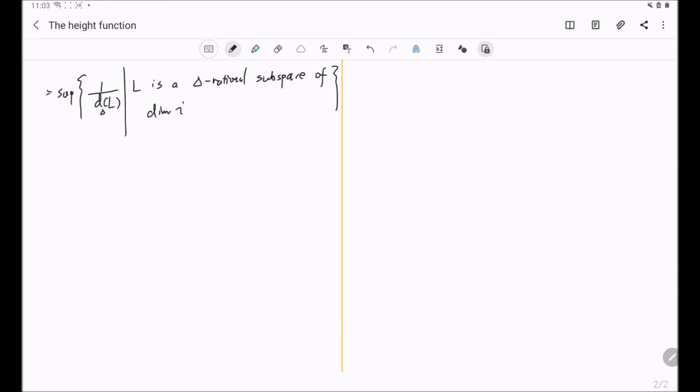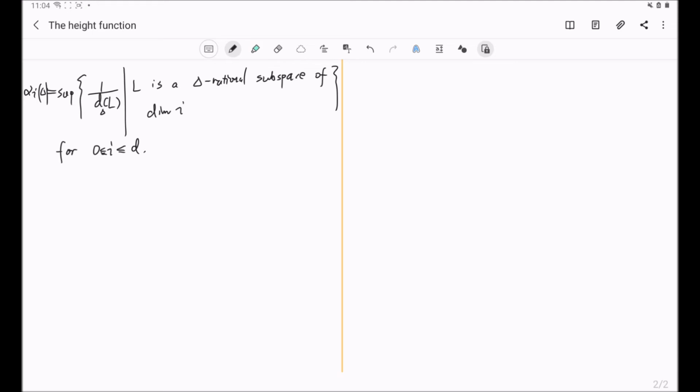And we denote this supremum by alpha I of delta, for I greater than or equal to 0, less than or equal to D.